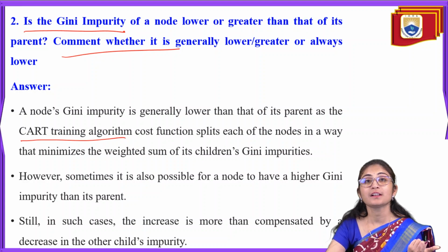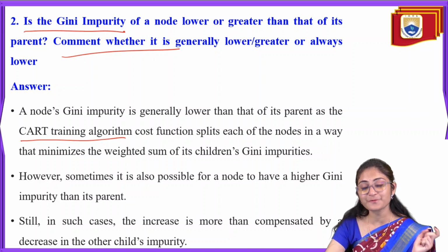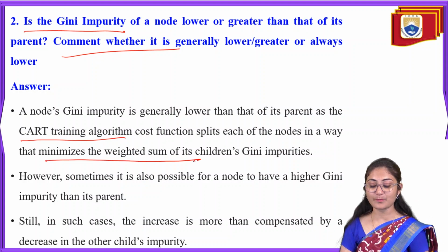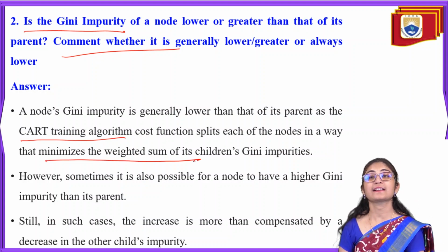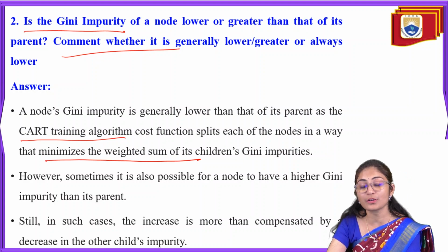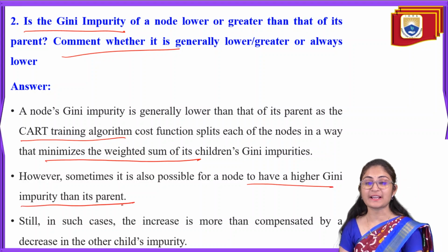The cost function splits each node in a way that minimizes the weighted sum of its children's Gini impurities. So sometimes it is also possible for a node to have a higher Gini impurity than its parent.